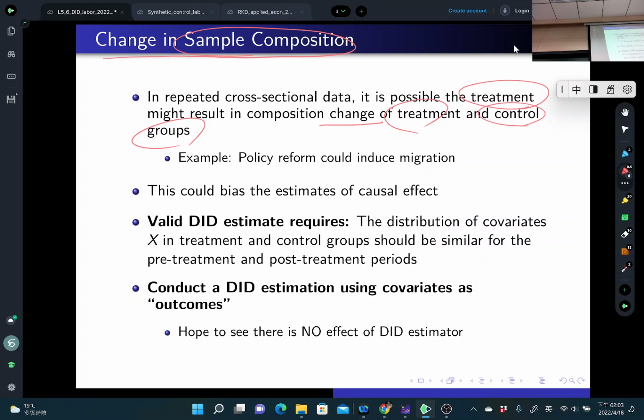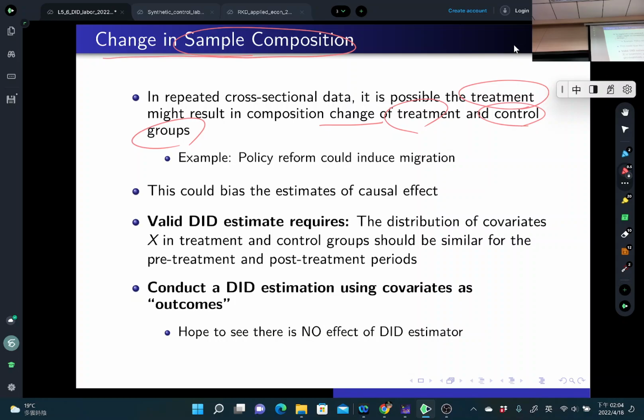So maybe you want to use New Taipei City as the control group, but actually New Taipei City is also affected by this policy due to the migration, and it also changes the composition of households between the treatment group and control group, because now the poor people might migrate to the control city. In that case, this might bias the estimate of your causal effect, because the effect you estimate is not just the policy impact, but also the effect due to the migration, or due to the composition change between the treatment group and control group.